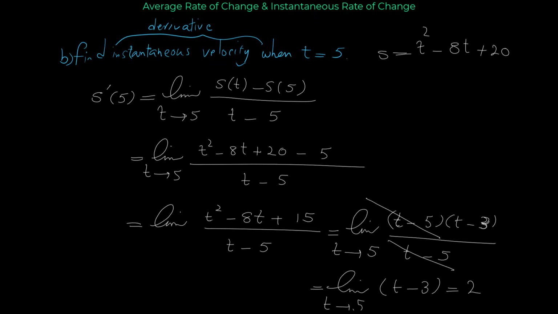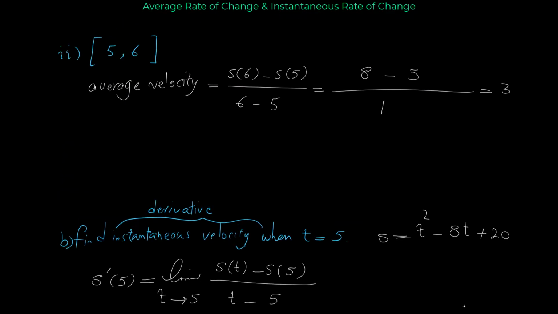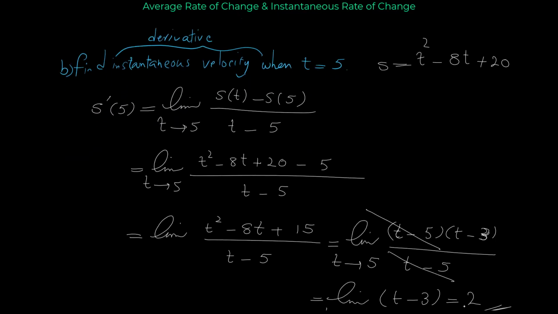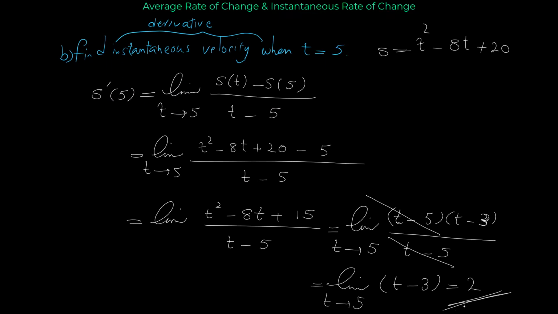And again, it's not bad to compare this value, this instantaneous velocity at t equals 5, with the number that we got from average velocity. Average velocity was 3. And instantaneous velocity is 2.